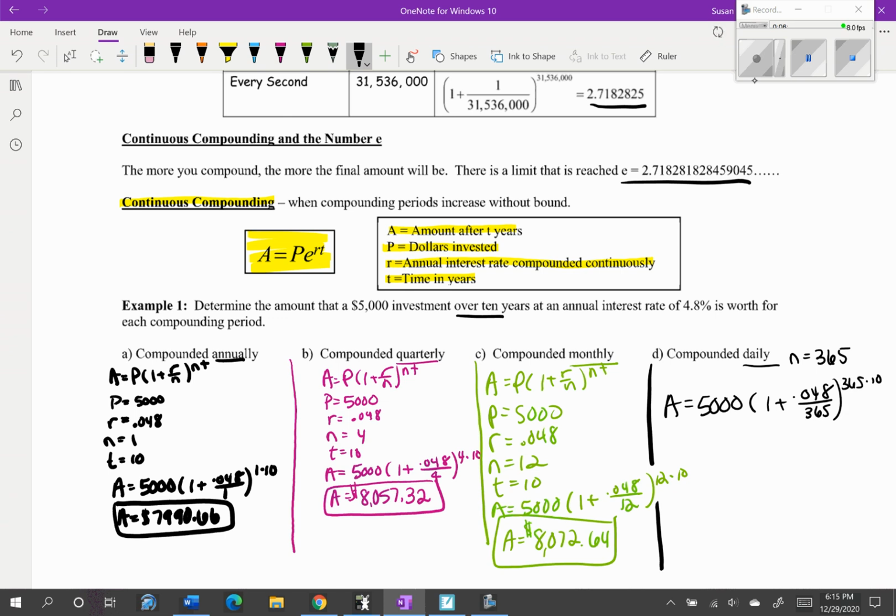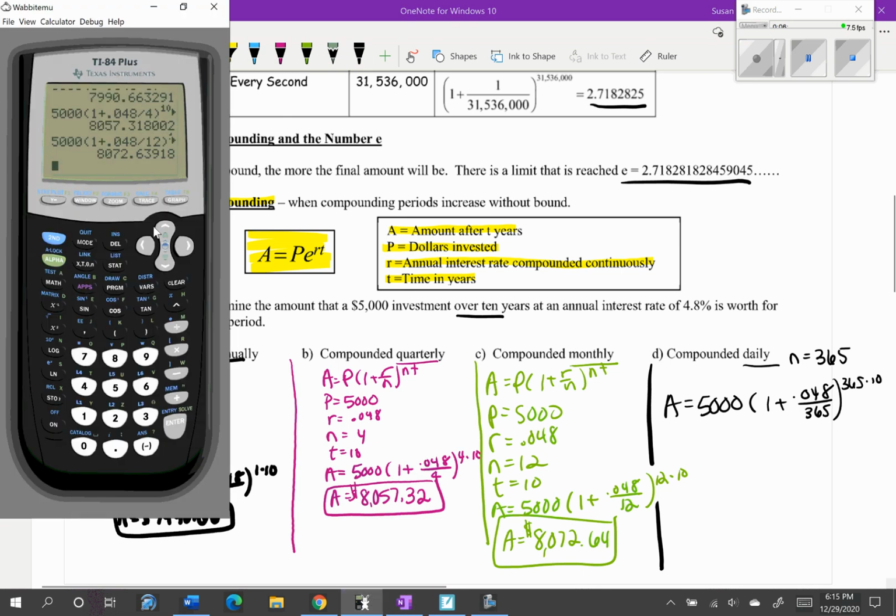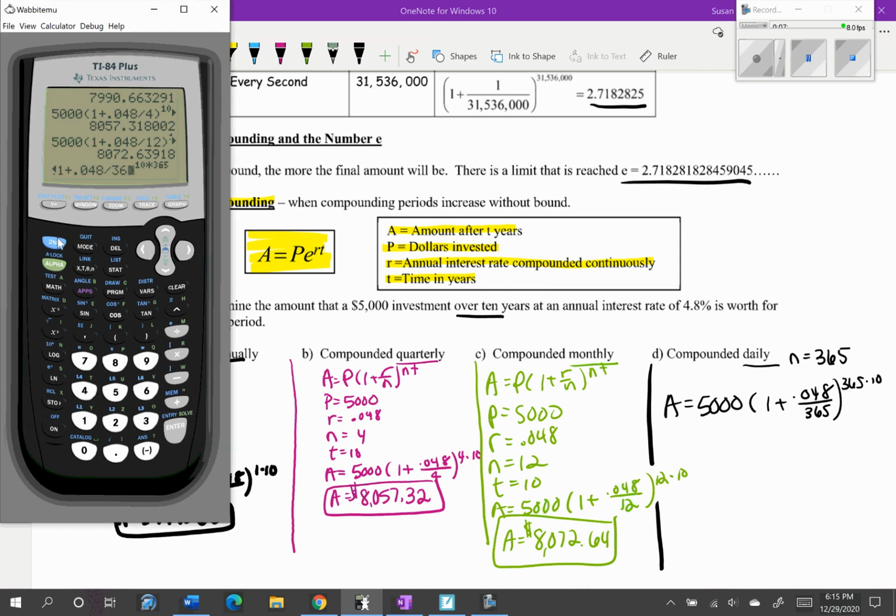And again, plugging in your calculator is half the battle. So this is now times 365, and same down here. And so we get $8,080.12.